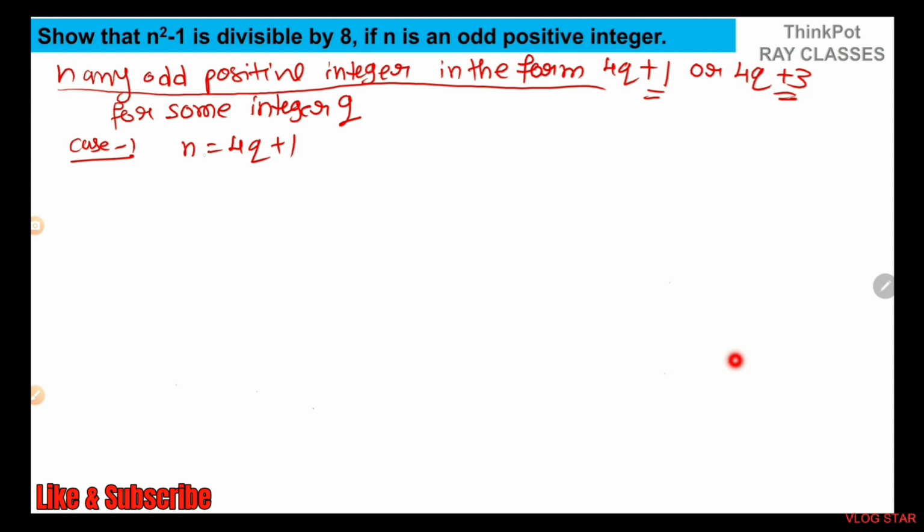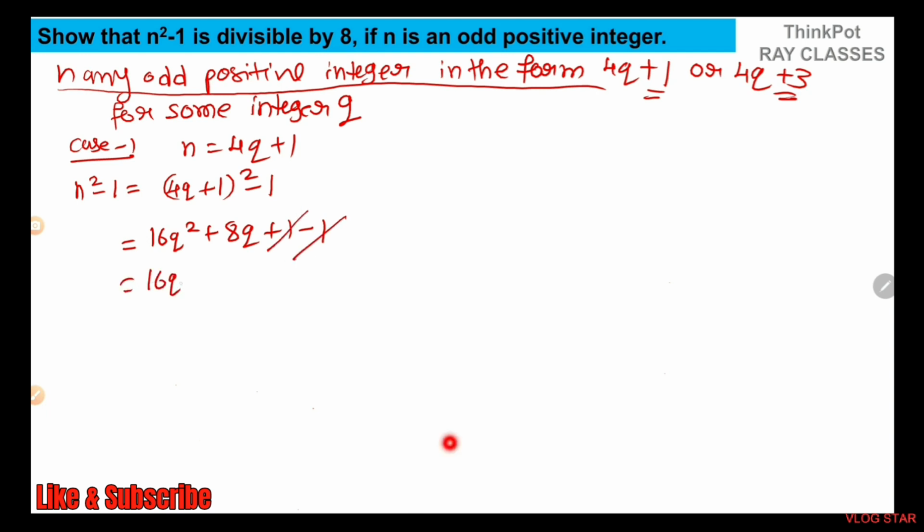So case number 1, that is n is equal to 4q plus 1. We can take n square minus 1, that is 4q plus 1 whole square minus 1. We can simplify this: 16q square plus 8q plus 1 minus 1. These two will get cancelled, and you will get 16q square plus 8q.